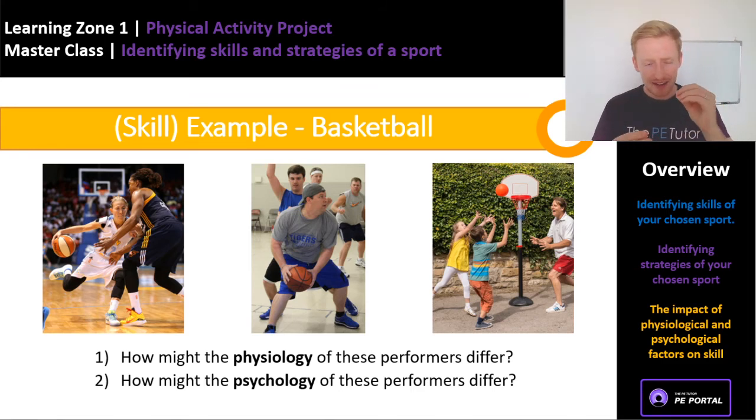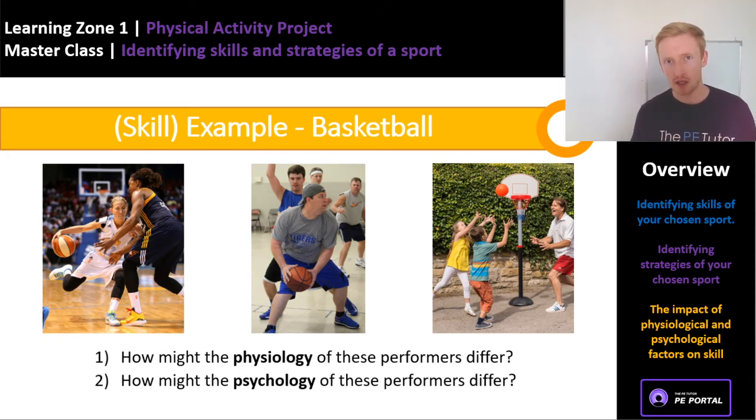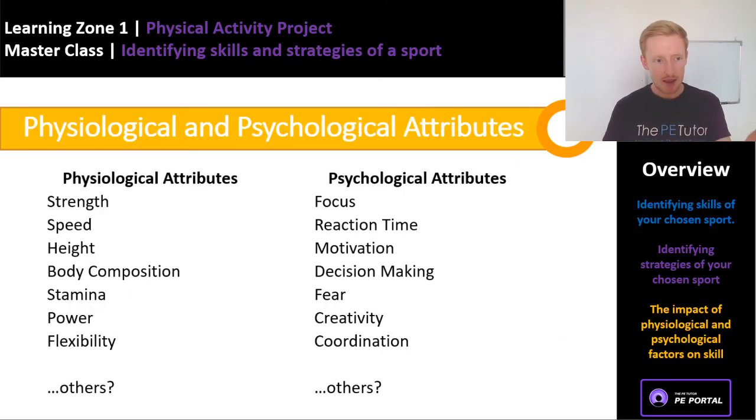So not right now, but when you go into your third activity, come back to this PowerPoint and ask yourself, how might the physiology of these performers differ? How might the psychology of these performers differ? We've just got some lists here. Let's take strength and speed and focus and reaction time.